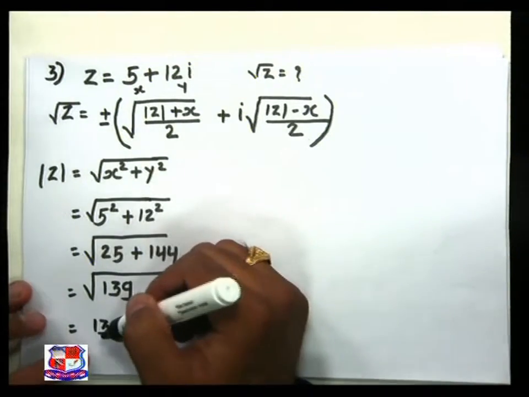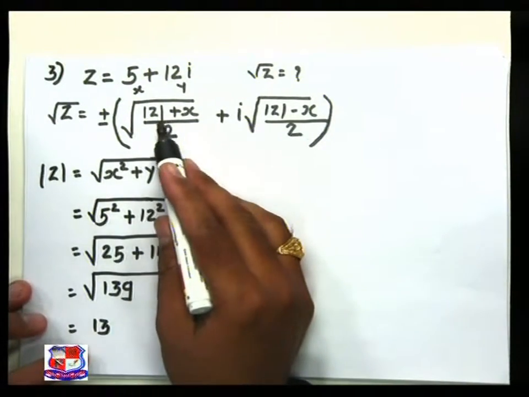So we replace 13 value in our main equation, that is mod of z.